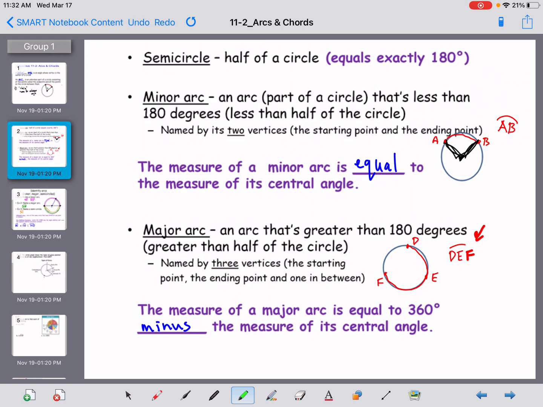The minor arc will be equal to the measure of the central angle. That's what I just said. Whatever this angle is right there, that's what the measure of the minor arc would also be. We could have a major arc. So a major arc is an arc that's greater than 180 degrees.